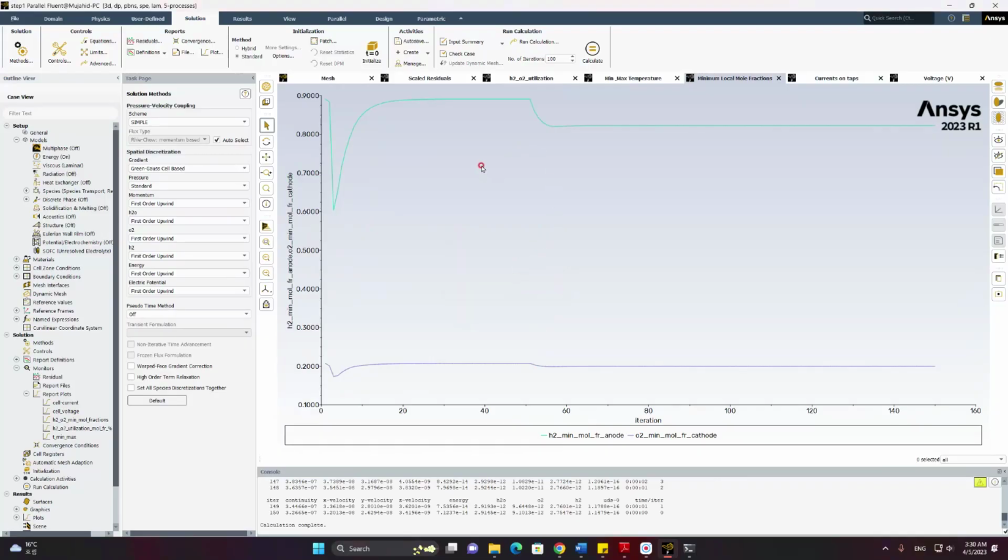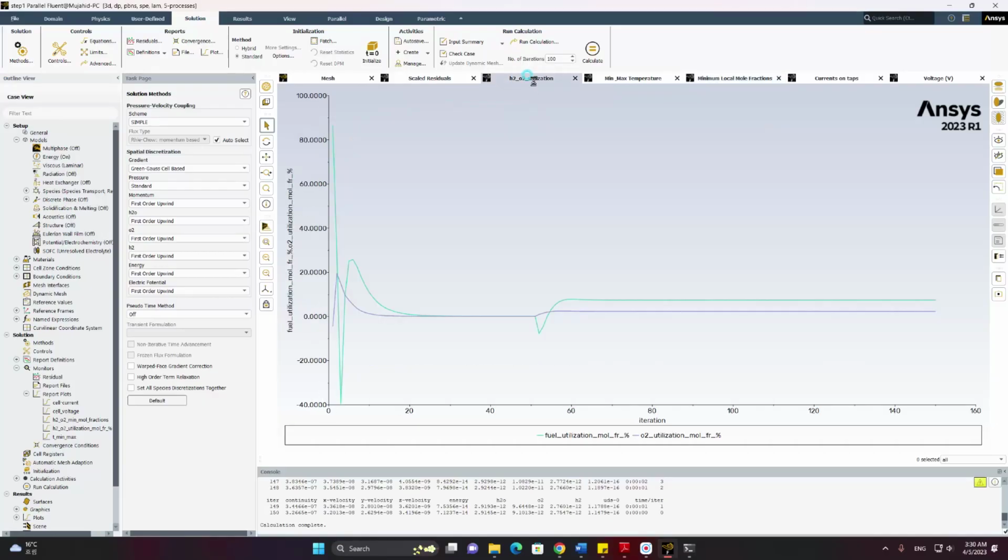As now we applied a higher load because we decreased the voltage, the current will increase in response to the decreased voltage, and for that the power or the consumption will also increase.